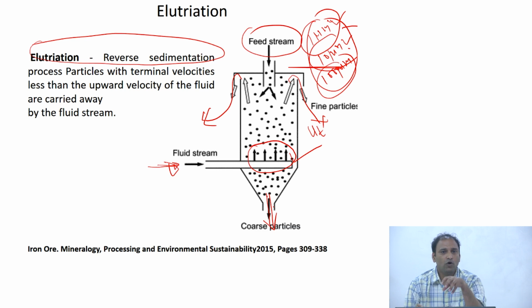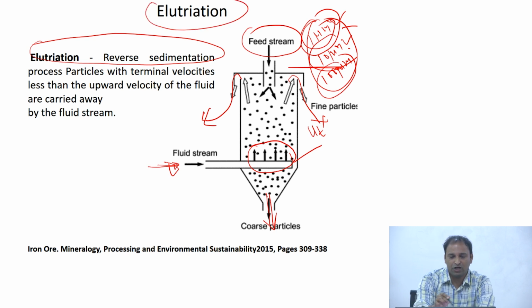Therefore, I can manipulate the fluid stream velocity and by design say, hey, I only want 1 micrometer to come out. I can do that. Or I want a mixture of 1 and 10 to come out. That's how separation is typically done in the case of elutriation.